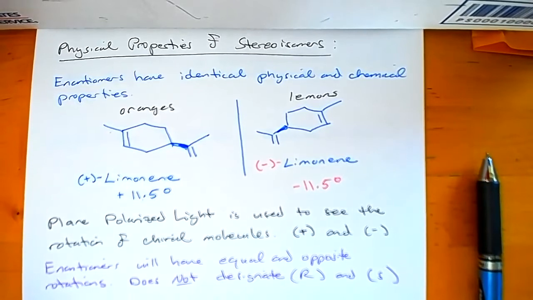But this is not always the case. It turns out that the other enantiomer is often biologically active and does other things. If you're familiar with the compound thalidomide, it was a medicine prescribed in the 1950s to women who had morning sickness, and it was a mixture of enantiomers.